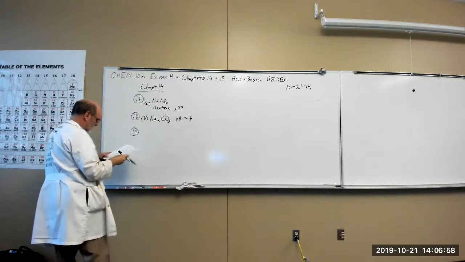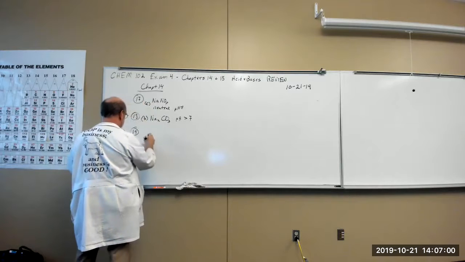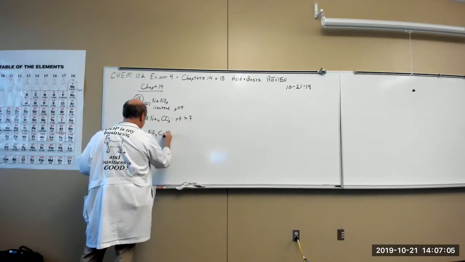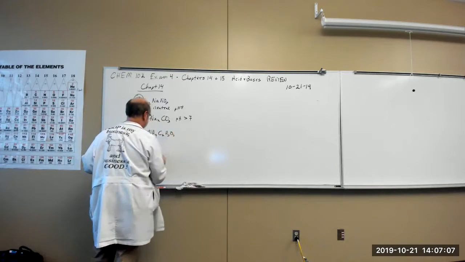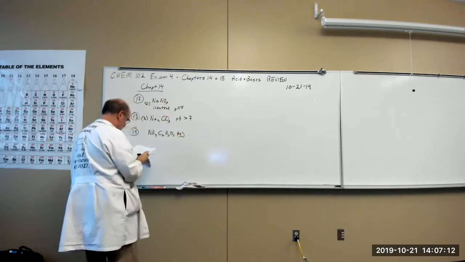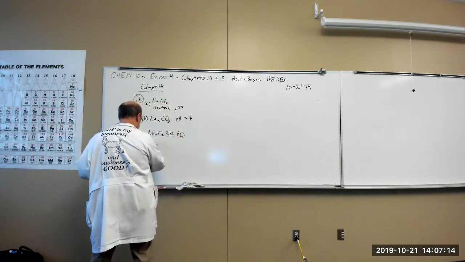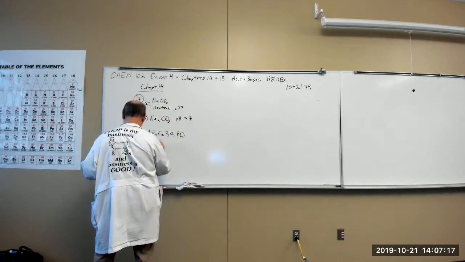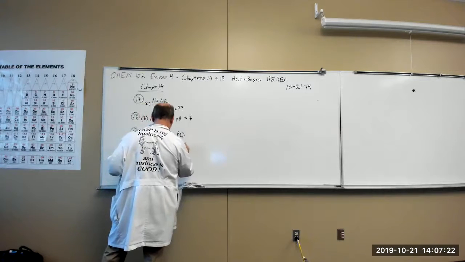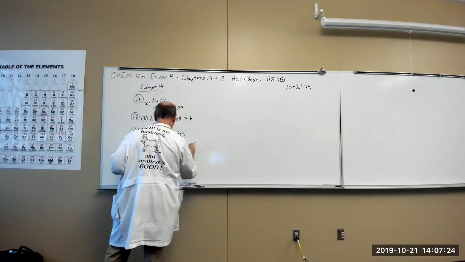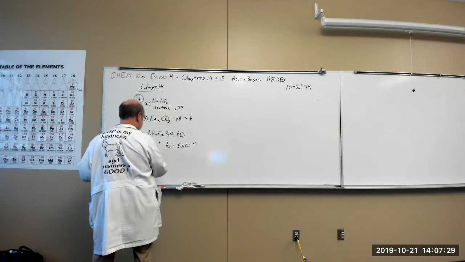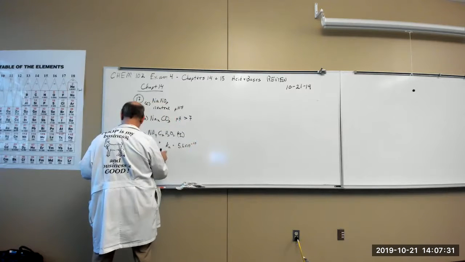19, solid ammonium acetate. Okay. Ammonium acetate. We put it in solution, and we know that it originated from this one with a Ka of 5.6 times 10 to the minus 10, and acetic acid, well, they're giving us the Kb, so that's the Ka, right?